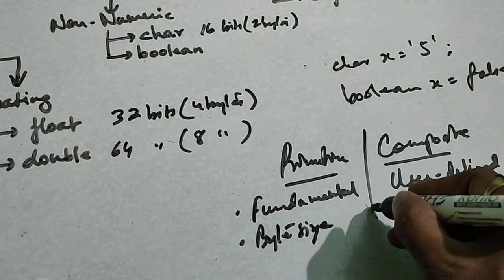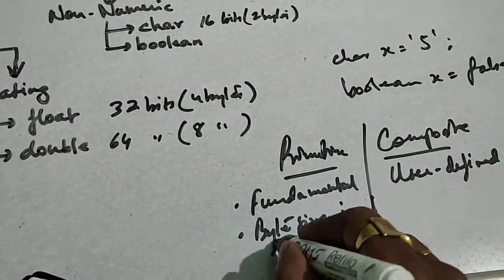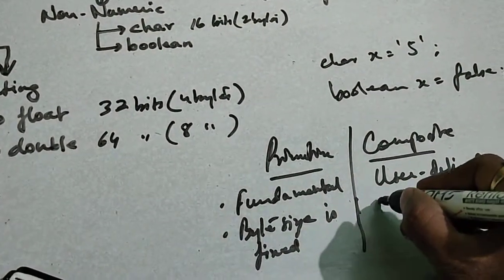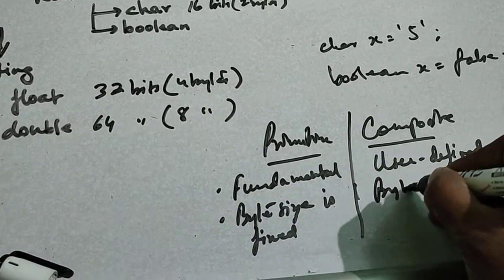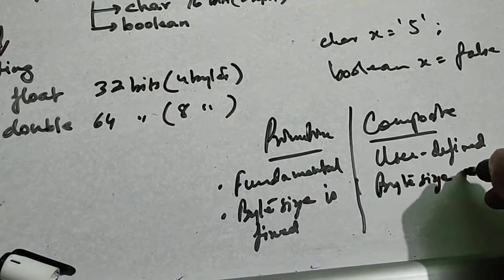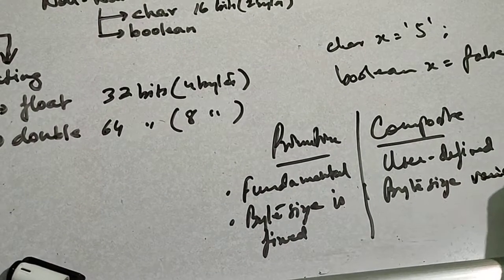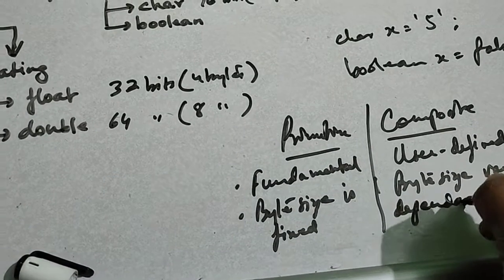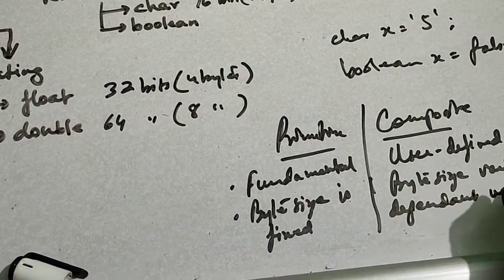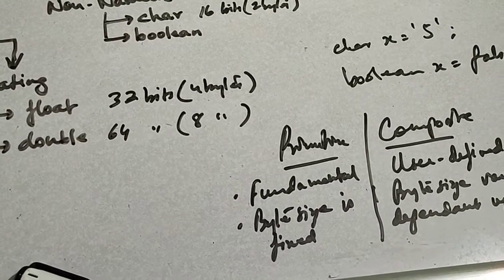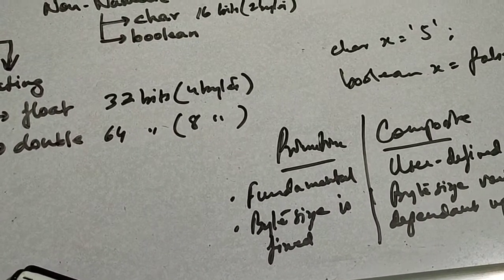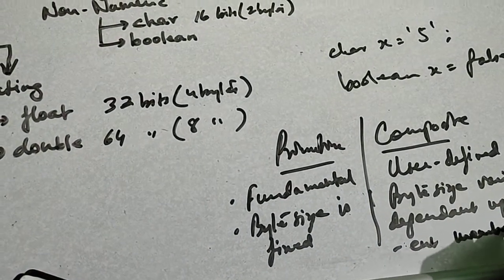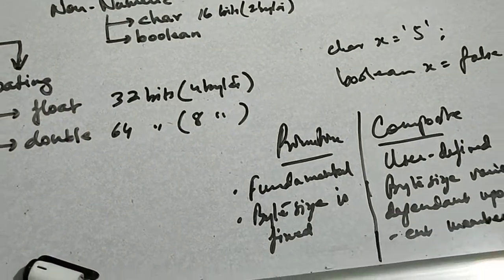The byte size of a primitive data type is always fixed, whereas the byte size of a composite data type always varies as they are dependent upon their constituent members. They are very much dependent on the constituent members.